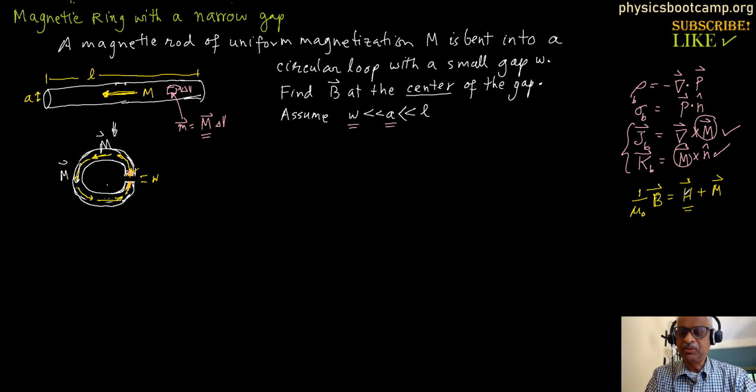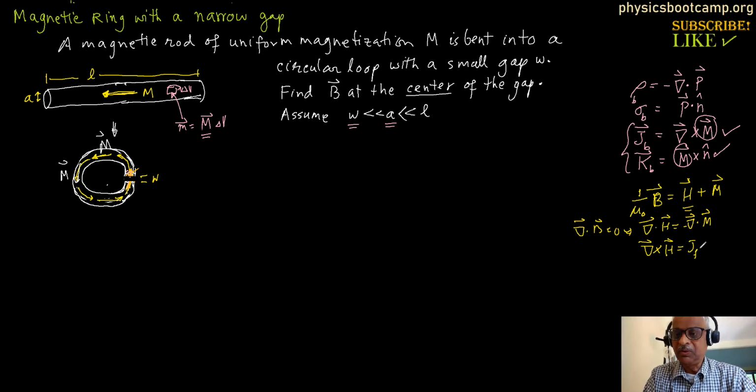So how do you solve for H? H has ∇·H = −∇·M. That comes from the ∇·B = 0 law. And ∇×H equals J, only the free current flowing, plus ∂D/∂t, where D is epsilon E plus polarization.